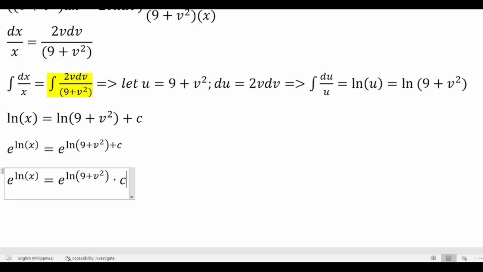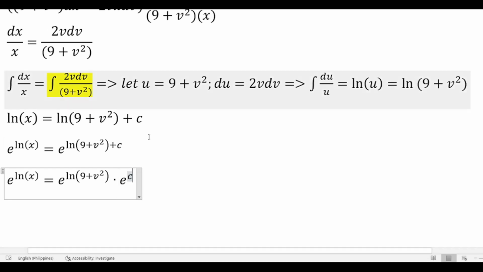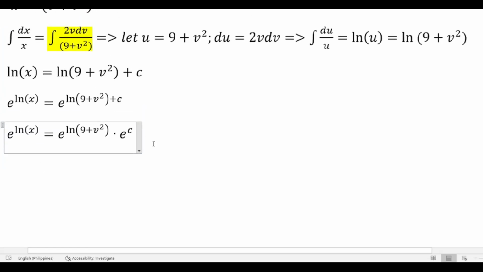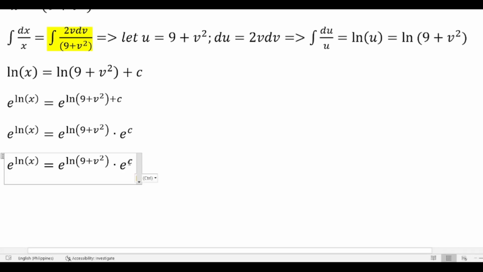Let's do this one first, and then copy paste again for the sake of discussion, because we need to deal with it step by step. This one will be C. Alright, now we can cancel e and ln, also here e and ln. So we will only be left with this one without ln.